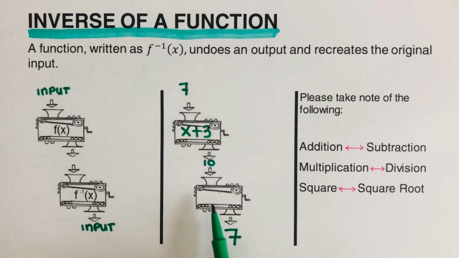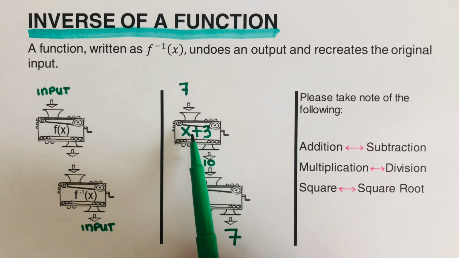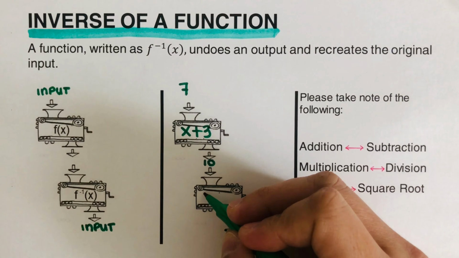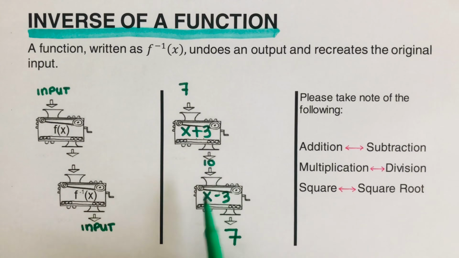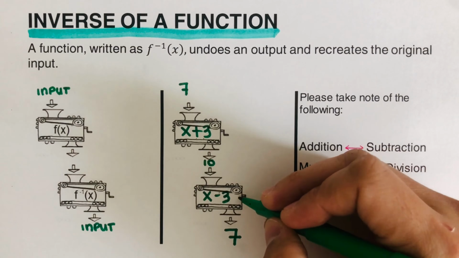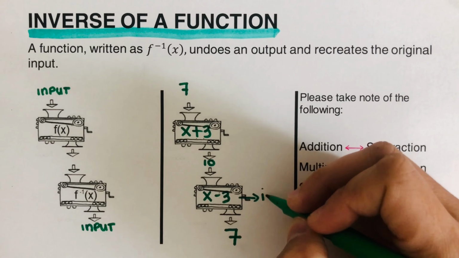So what equation should this machine have so that the input from the first machine comes out 7? It has to process it as x minus 3. That means 10 minus 3 is 7, and this x minus 3 is our inverse.